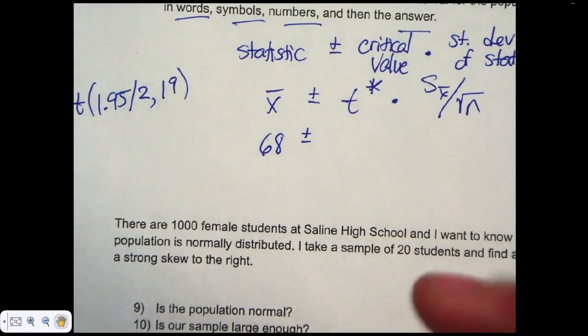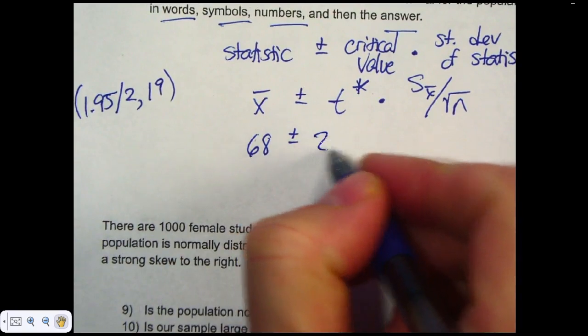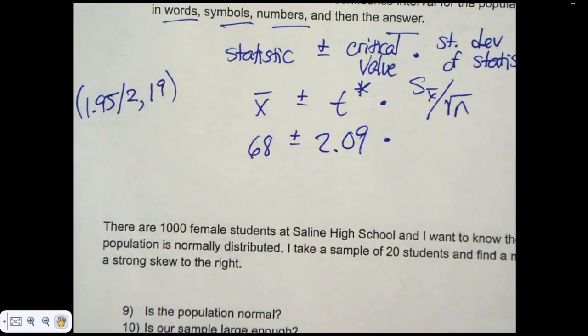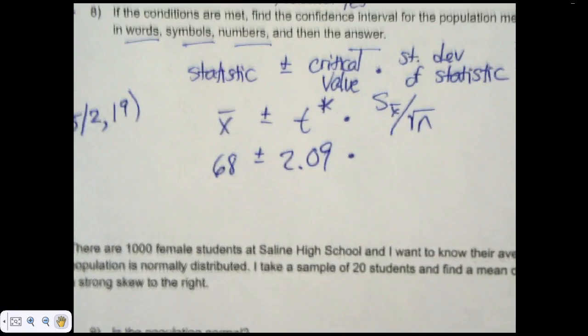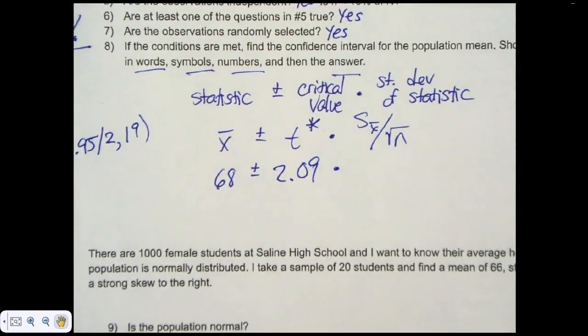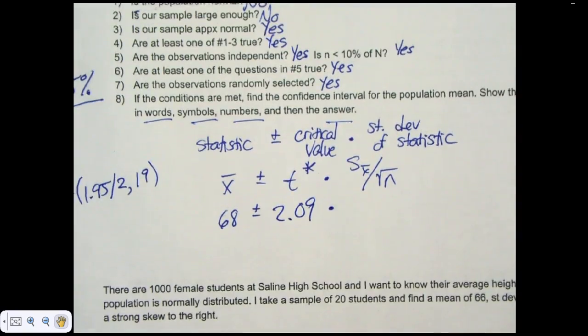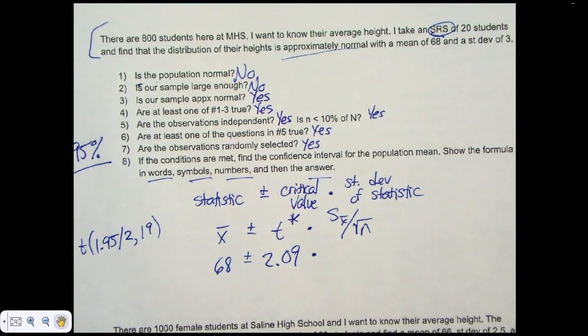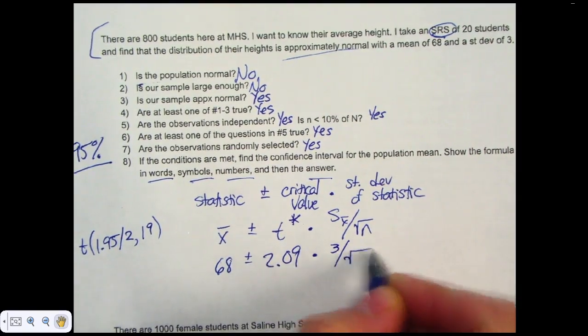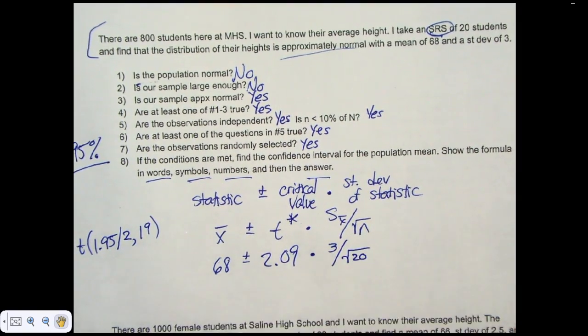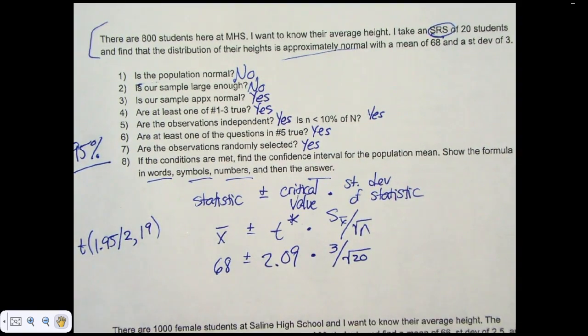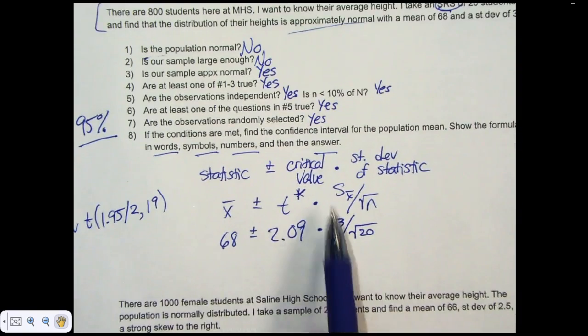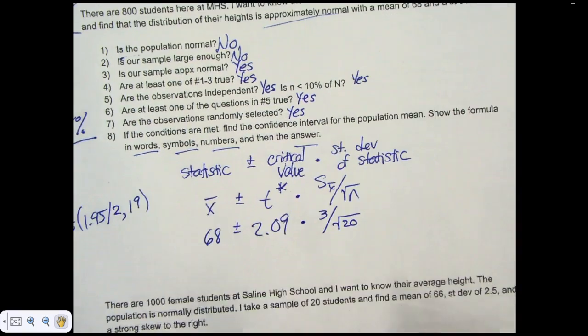So your T star comes out to 2.09. What is S sub x bar? 3 divided by the square root of 20. And then I can calculate that. If I really want to, I can figure out 2.09 times 3 divided by the square root of 20, add that to 68, subtract that from 68, and I get my window.